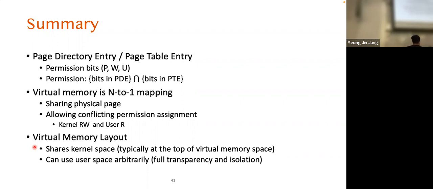We can map this to here, and then map that to there. So we can have this kind of virtual-to-physical mapping, but not the opposite. So it is an n-to-1 mapping. Yes.